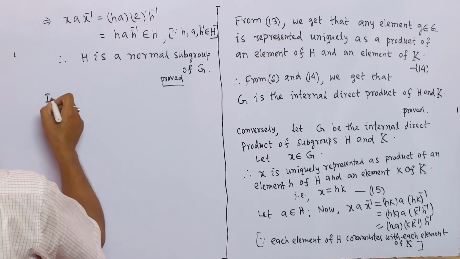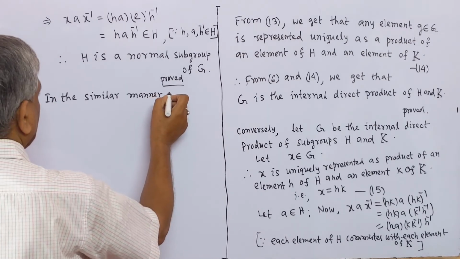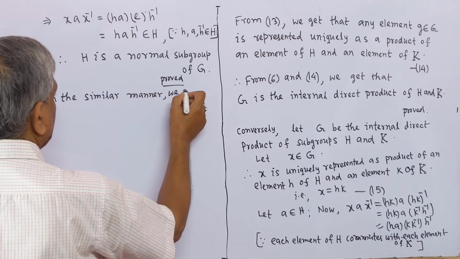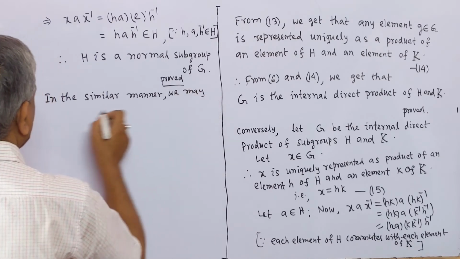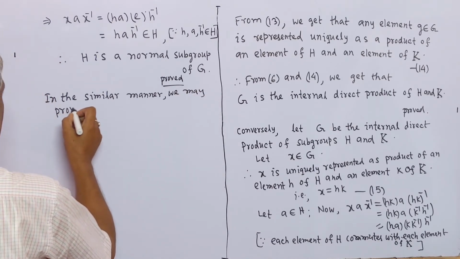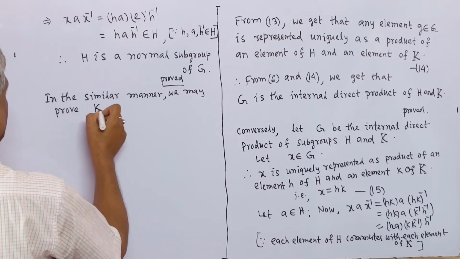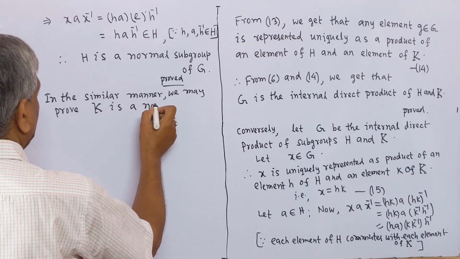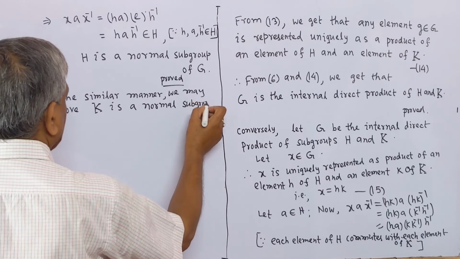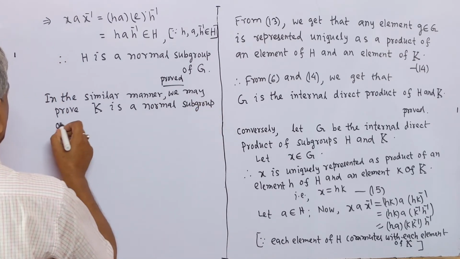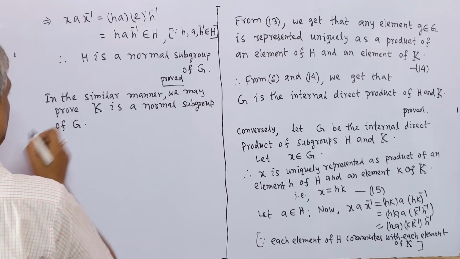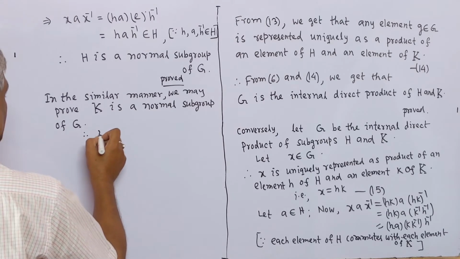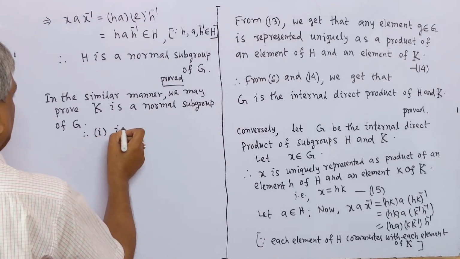In a similar manner, we may prove K is a normal subgroup of G. Therefore, 1 is proved.